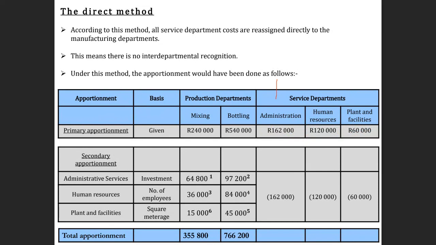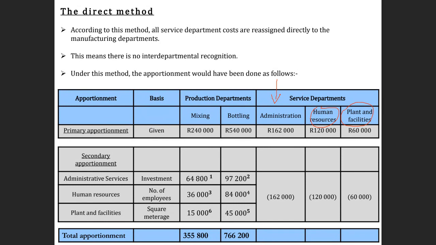So the first one we're starting with is the admin department. And we're starting with this first because it has just been listed out first for us. And they didn't tell us to start with any specific department. So we're just going to start with admin, then we'll do HR, and then we'll do the plants and facilities.